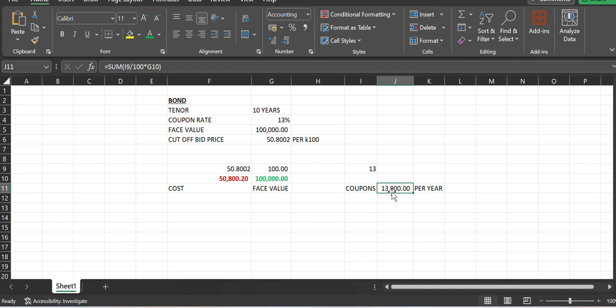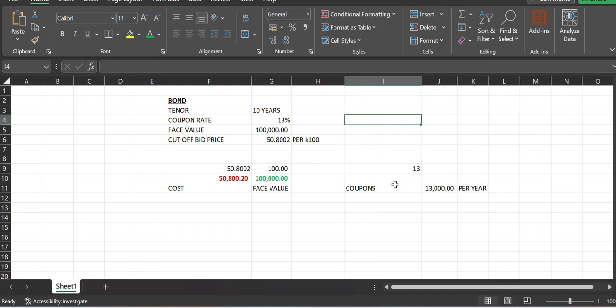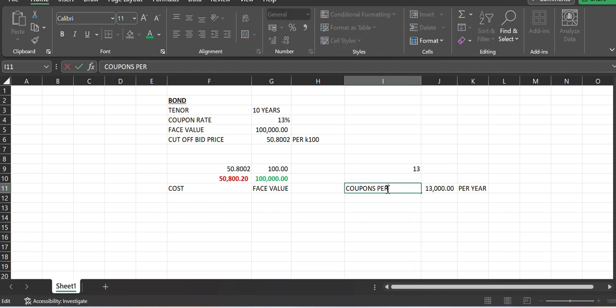So you basically just divide this by 2 to get your coupon. This coupon is per year.